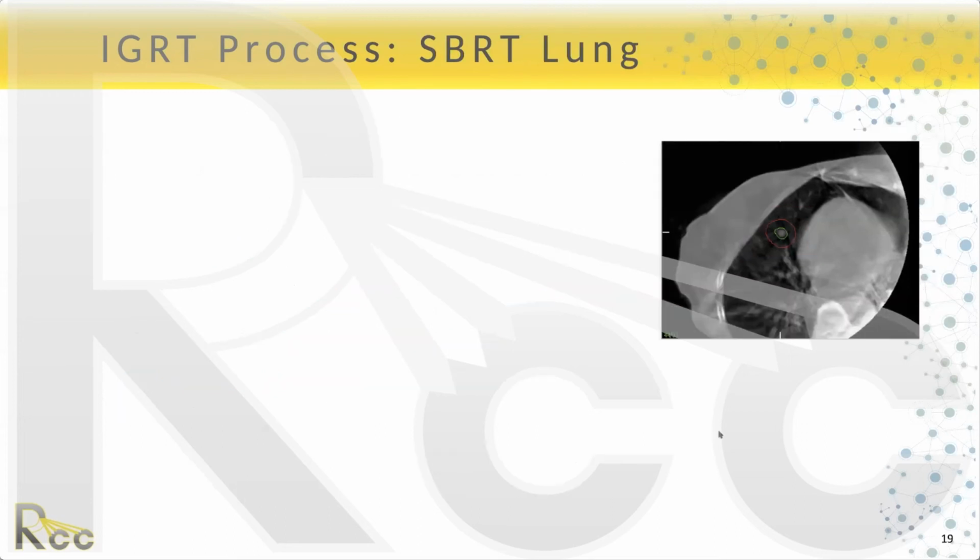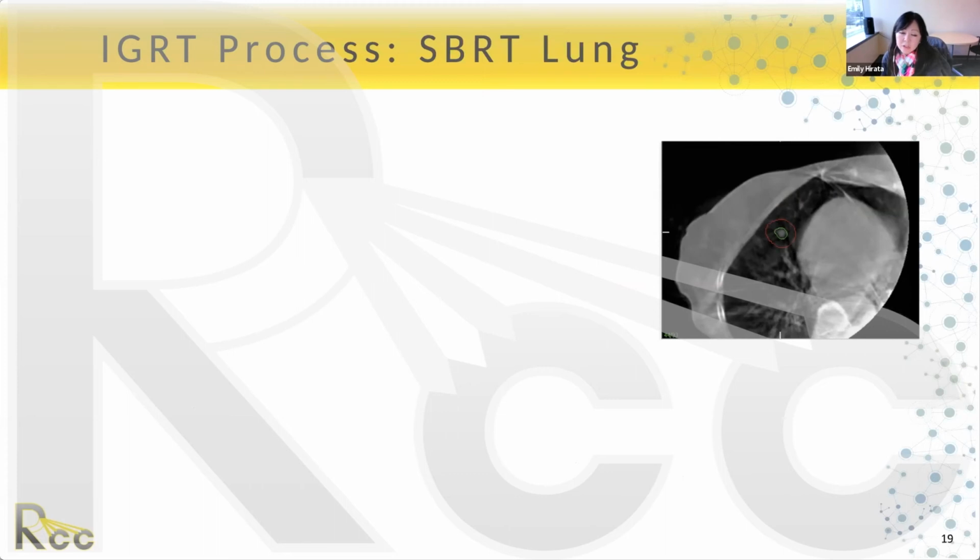And by this fusion, we can also correct the rotation error in such a small snapshot of the verification image. I can from here know what is the error of the rotation and correct. Yes. So rotations you can correct if you have a couch that can do rotations.